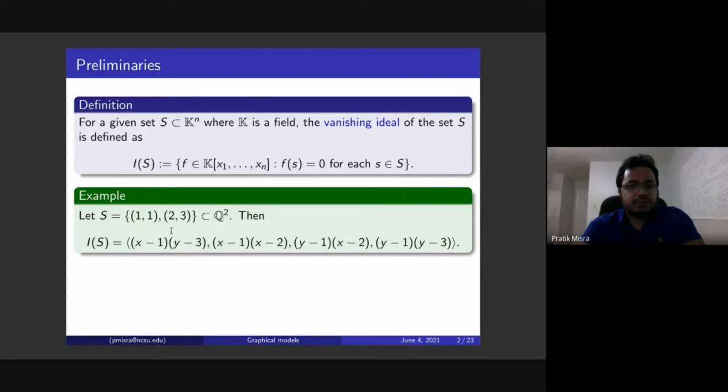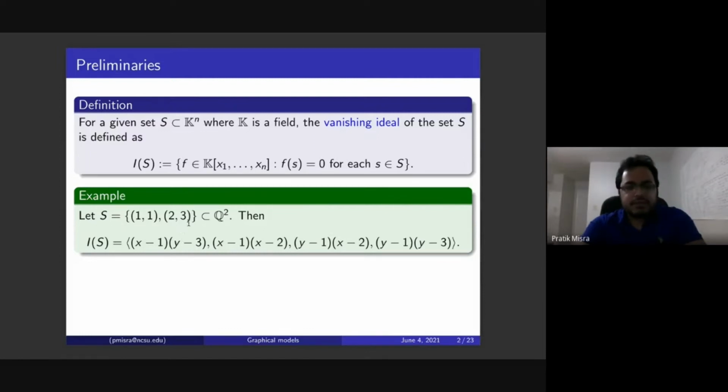For example, if you consider the point (1, 1) and plug it into any of the polynomials over here, let's say we pick the first one, then if we plug in x equals 1, the first term becomes 0, so this entire polynomial becomes 0.